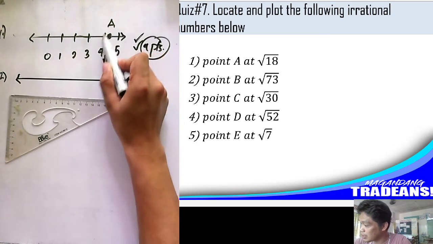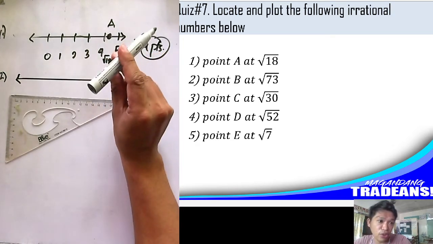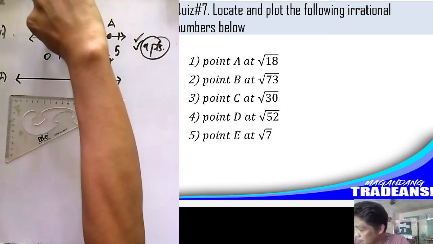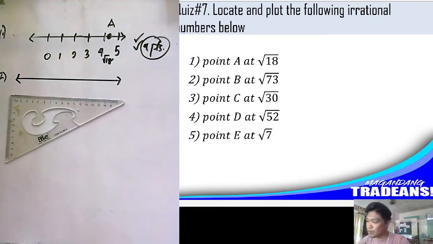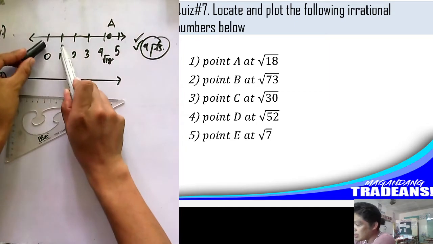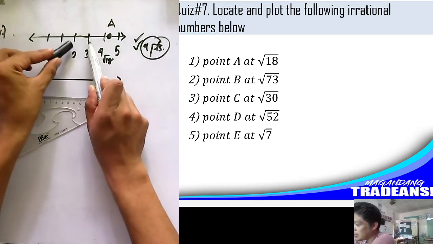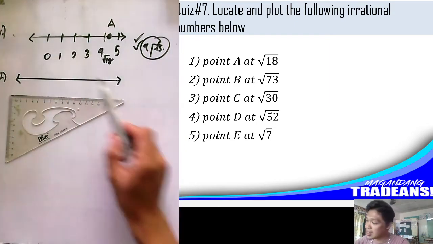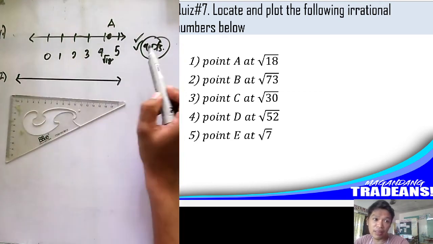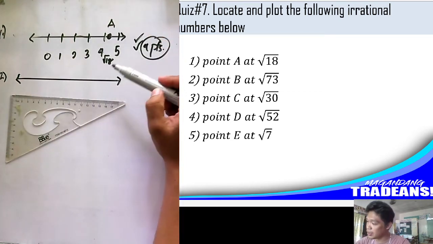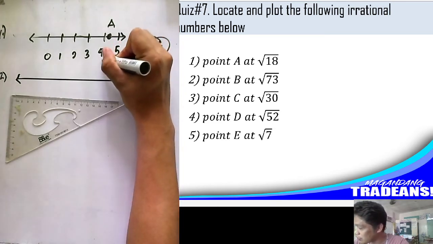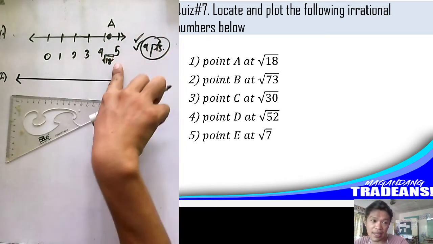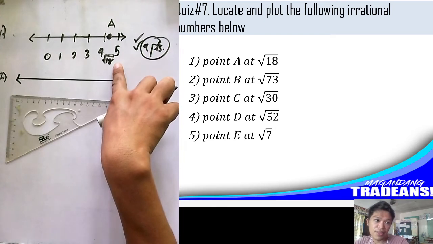Kapag yung bars, not between din po or magkakaiba yung length nila, -1 lang po doon. Next, kapag walang arrow, -1 din po. Kapag walang point A, -1. And kapag walang square root of 18, -1 din po. You have to make sure that square root of 18 is yung 18 na sa loob talaga ng square root. Okay? So, ganun lamang po.